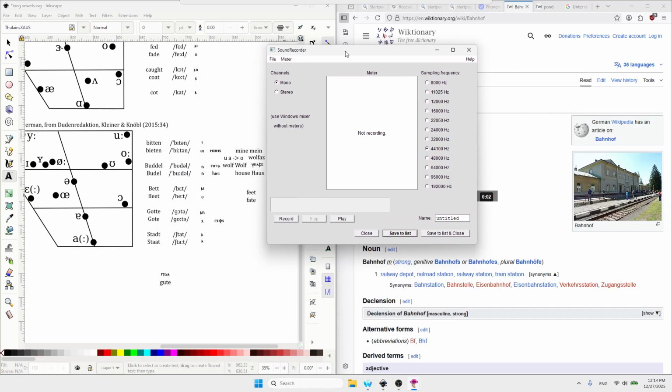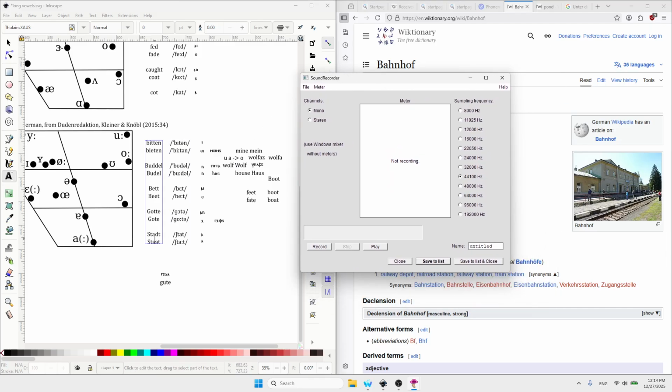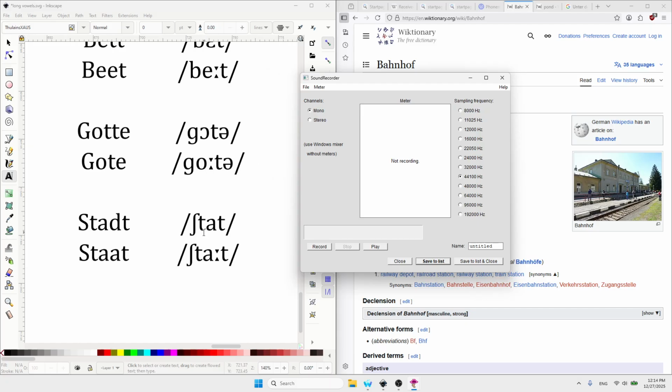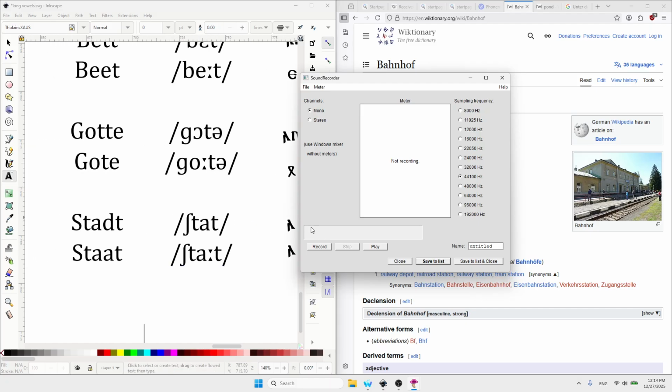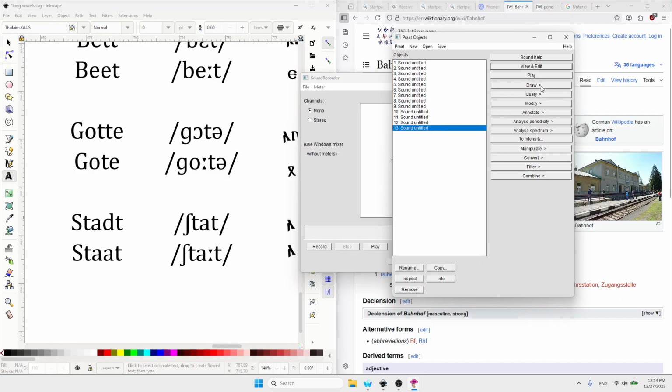Anyways, I'm going to try to record myself making a distinction between these two, Stadt versus Staat. Stadt, Staat. Stadt, Staat.